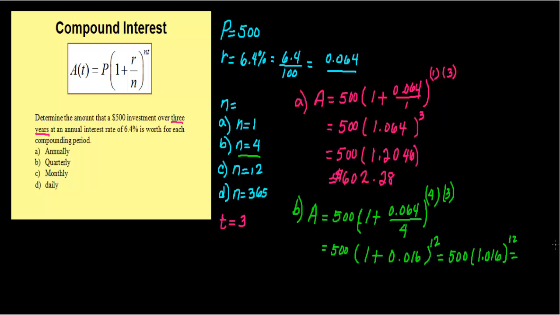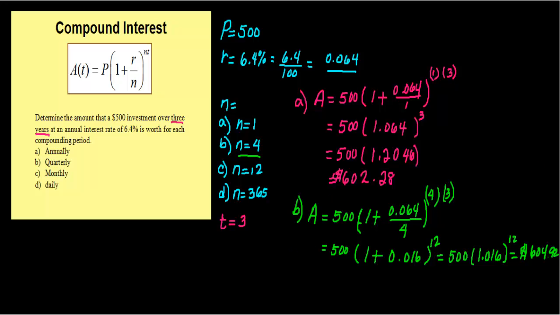And then now you can raise 1.016 to the 12th power and multiply that by 500, and you will have a final amount of $604.92. Okay?